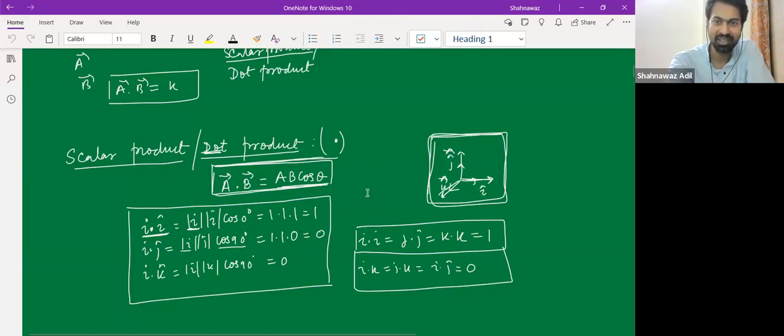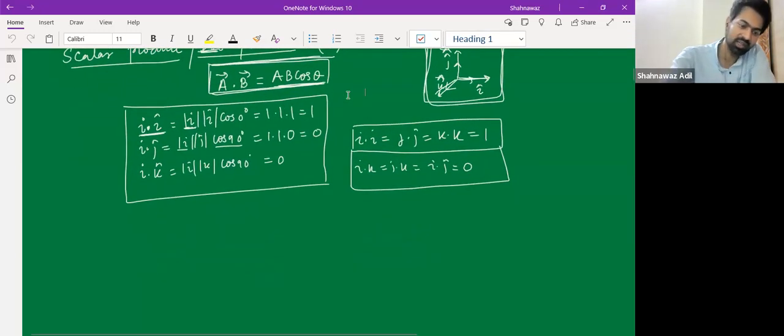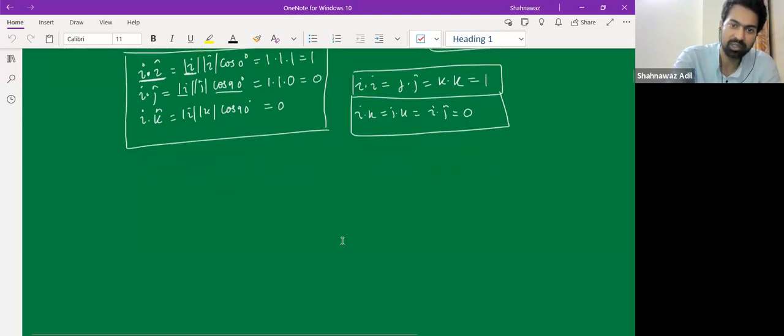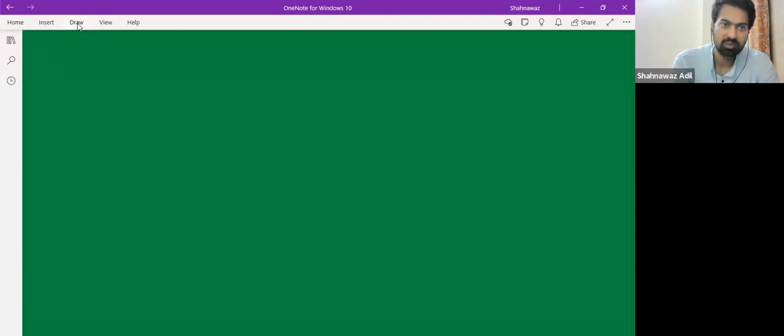Okay. So we talked about this scalar product, right? Vectors have two kinds of multiplication. Let me repeat that again. Vectors have two kinds of multiplication.